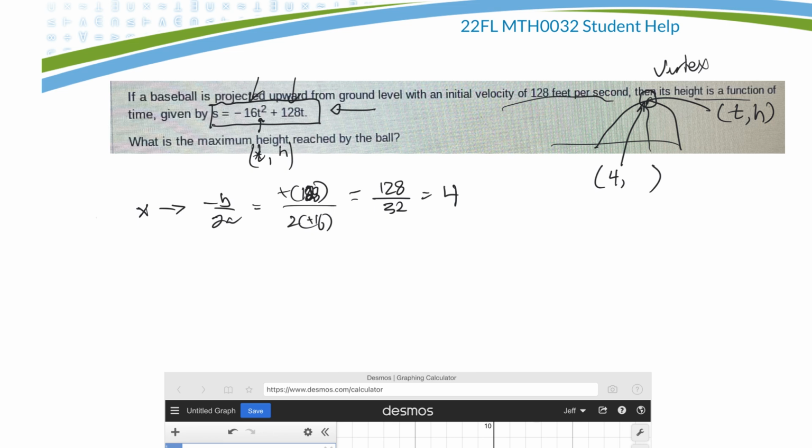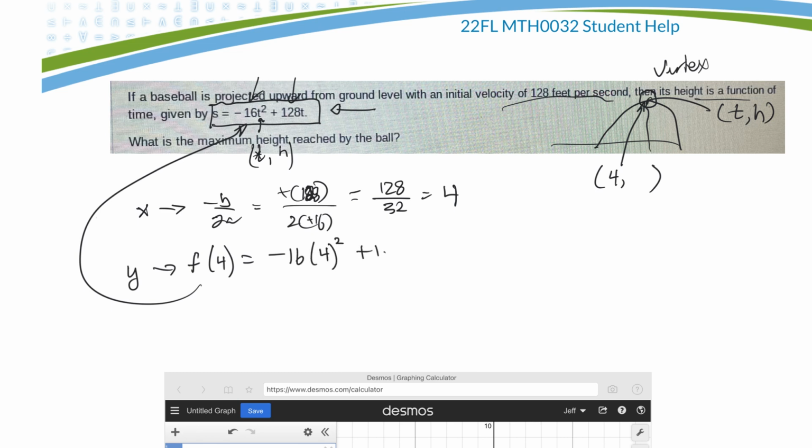Now to figure out the y value of that coordinate, figure out what the value of the function is when you plug a 4 in. Up here, I'm going to plug in a 4 everywhere I see a t. So minus 16 times 4 squared plus 128 times 4.